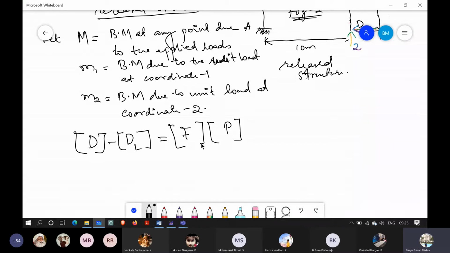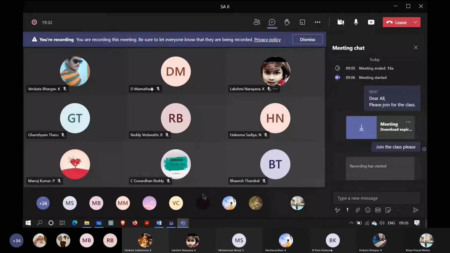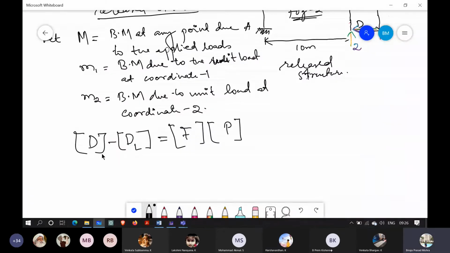Now, what will be the size of this one? This is 2 cross 1, this is 2 cross 1 again, this is 2 cross 2, this is 2 cross 1. Why? Because the degree of static indeterminacy for the structure is 2.